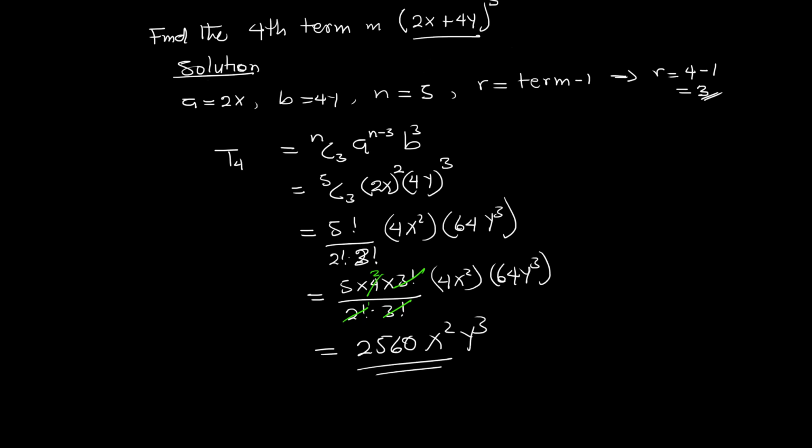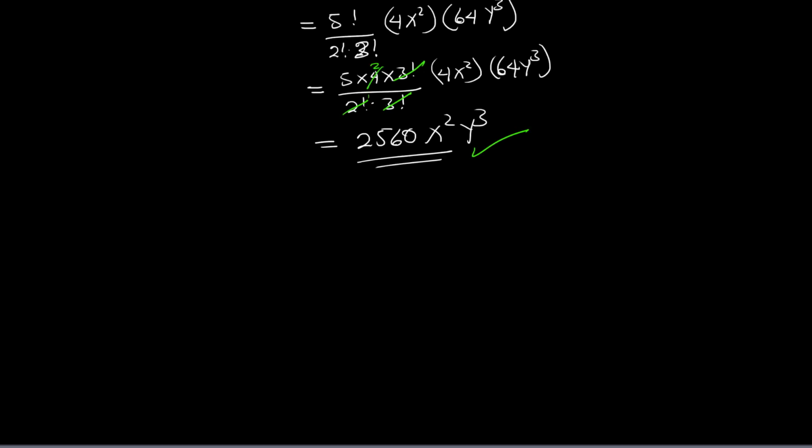We can check this to see in our previous example if really the fourth term is given by this value that we have here. Another interesting question is: find the coefficient of the x squared term in 3x squared plus 1 on x, all raised to the power 7.